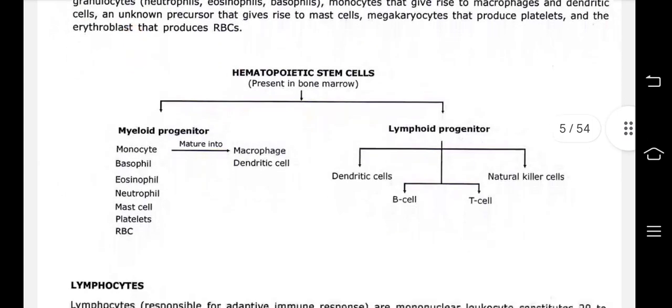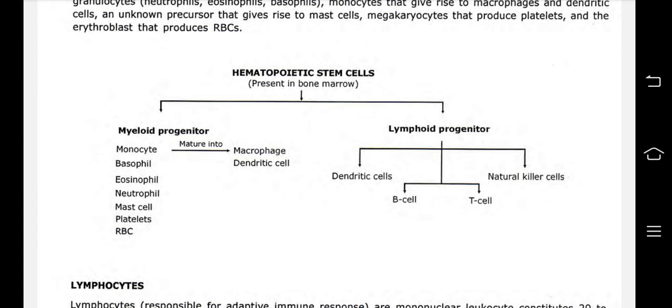Hematopoietic stem cells present in bone marrow give rise to myeloid progenitors and lymphoid progenitors. Lymphoid progenitors: dendritic cells, natural killer cells, B cells and T cells. Myeloid progenitor: monocyte, basophil, eosinophil, neutrophil, mast cell, platelets, RBC.